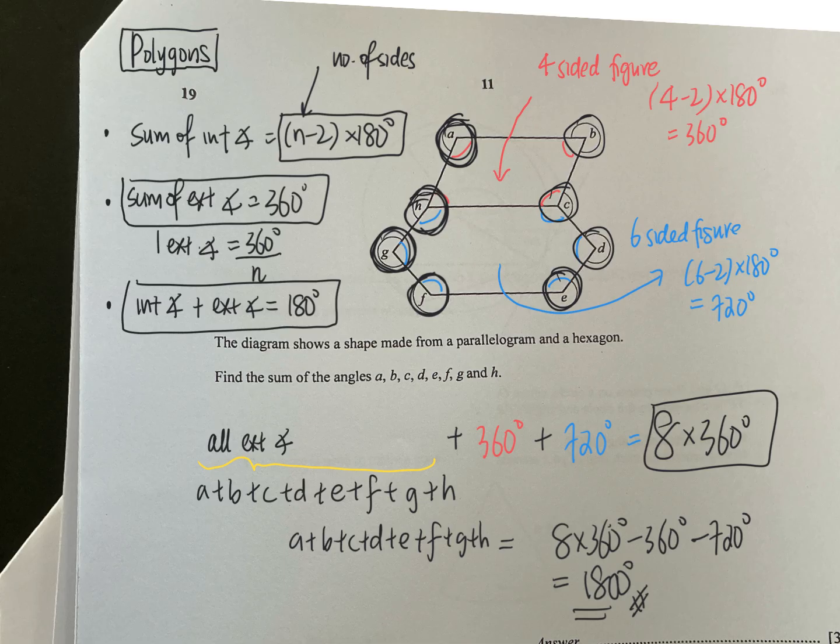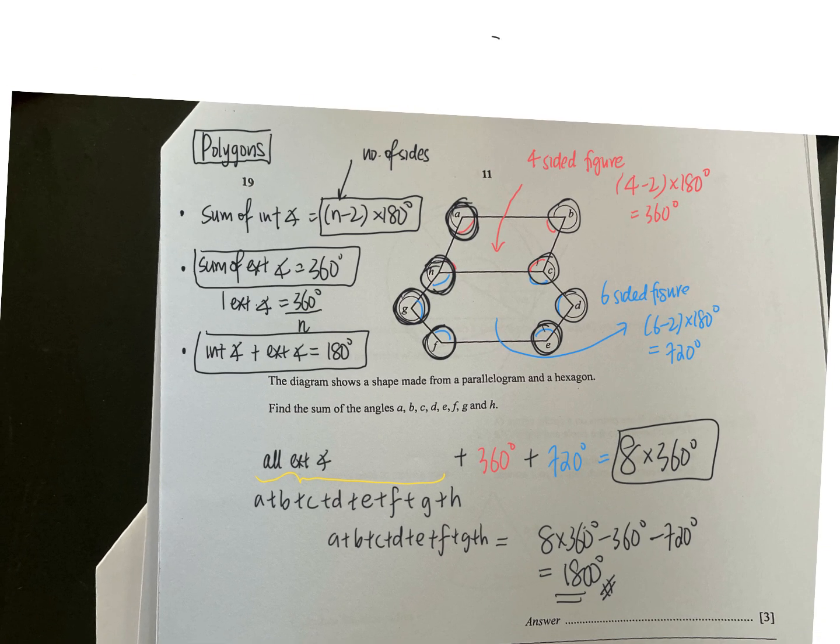If I add all the exterior and all the interior, there are 8 total full circles. Because if I just look at a typical interior angle, this is my interior angle. My exterior angle always extends from one of the lines, this one. So they always add up to 180 degrees, not 360.